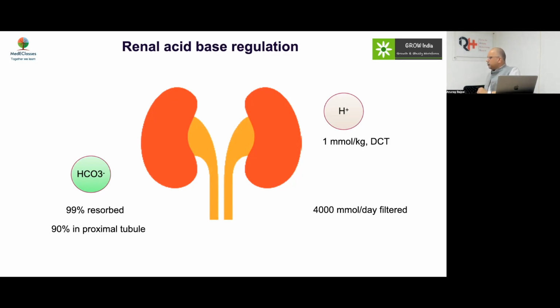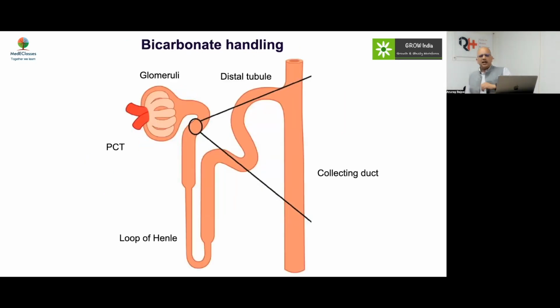So 90% absorption happens in the proximal tubule. Bicarbonate, as with many other things like sodium, potassium, glucose, is all freely filtered via the glomeruli, and all of which will go into your proximal tubule. Now, the proximal tubule is the major source of reabsorption of all these contents.